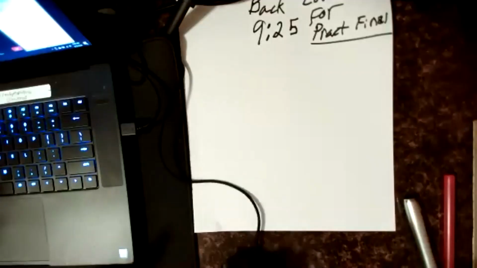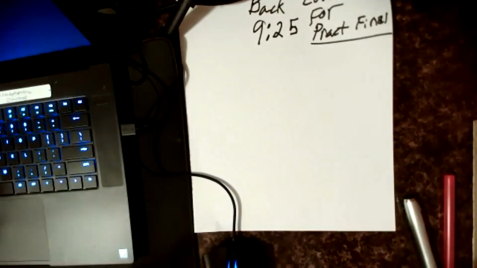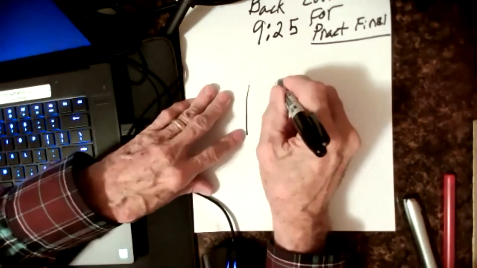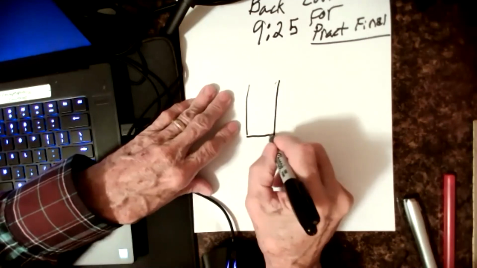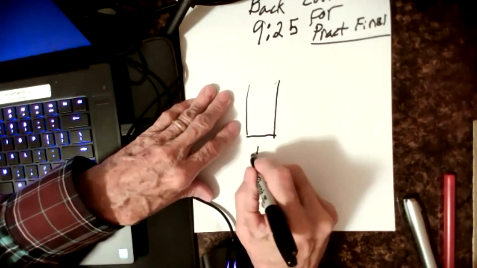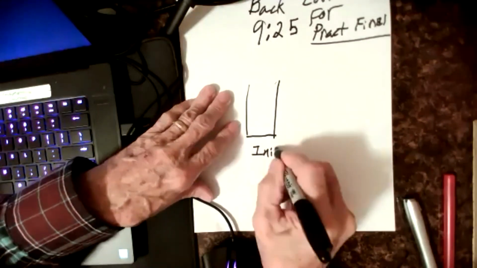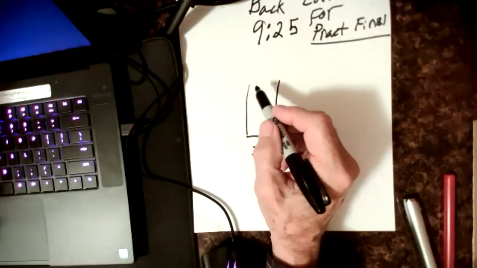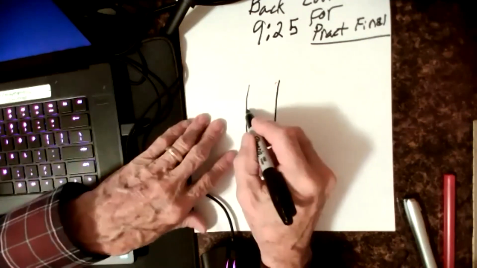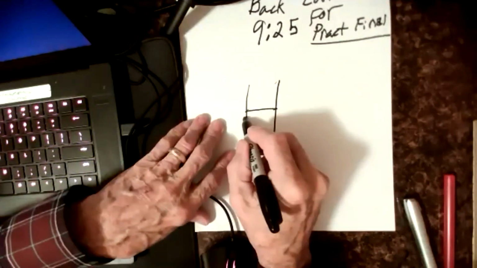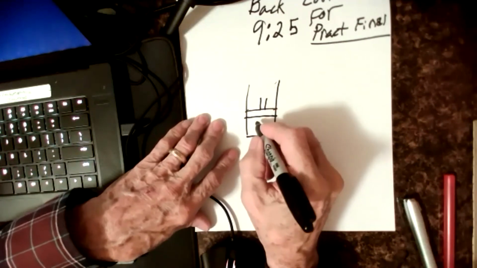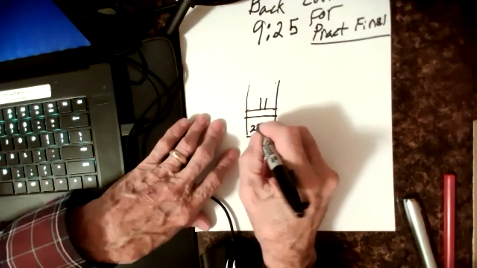Now, I want to go over here to my paper so you can watch this. I want to show you something. I've got a system that looks like this. I'm going to call this my initial state here. The volume increased from, so it started here, and this was 24.4.